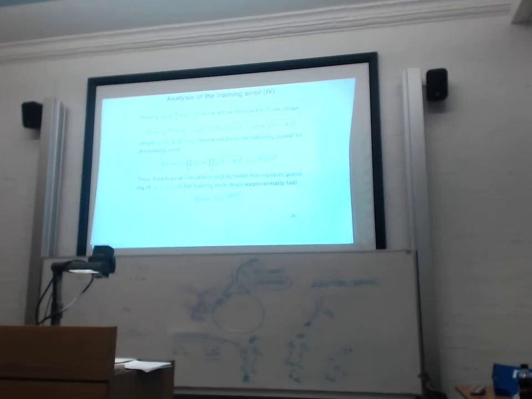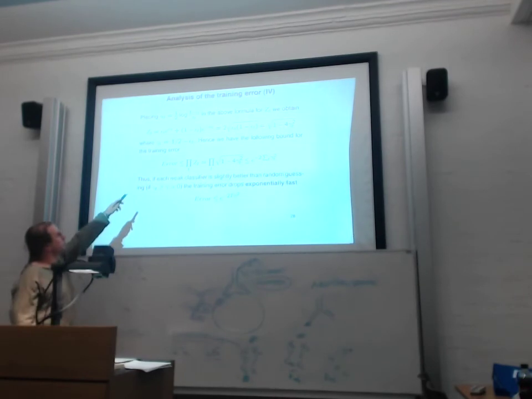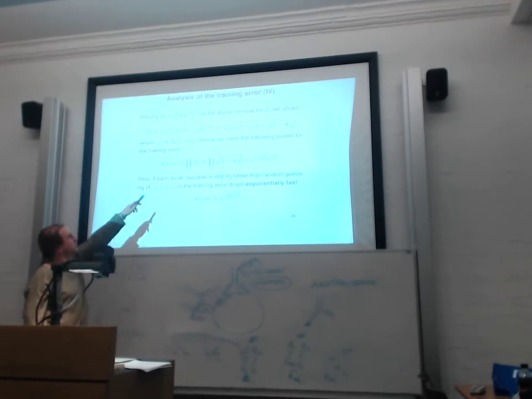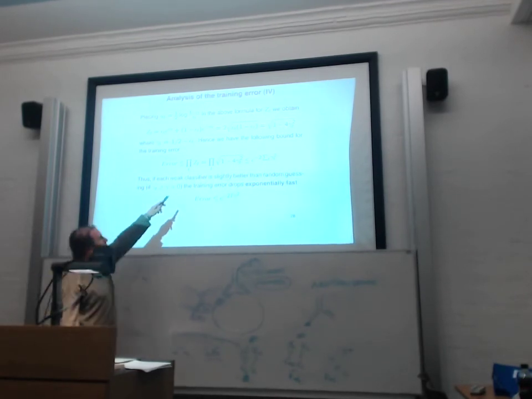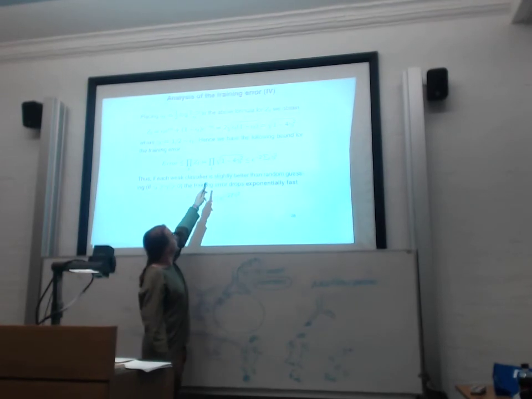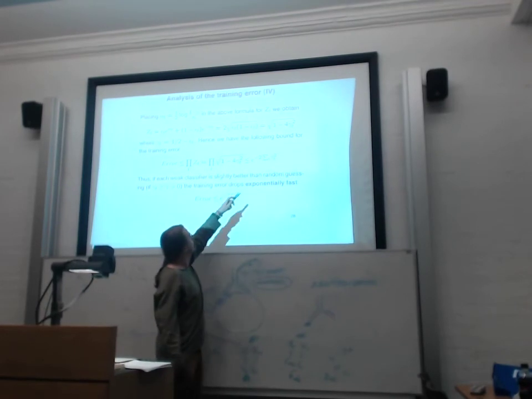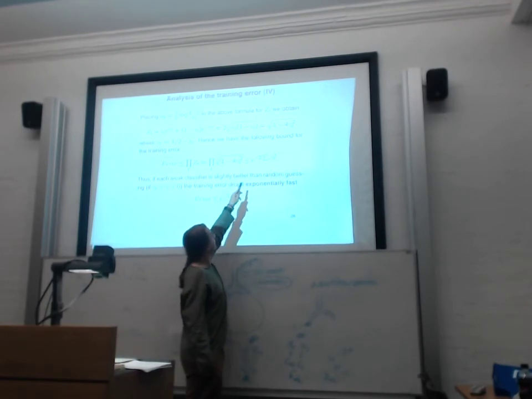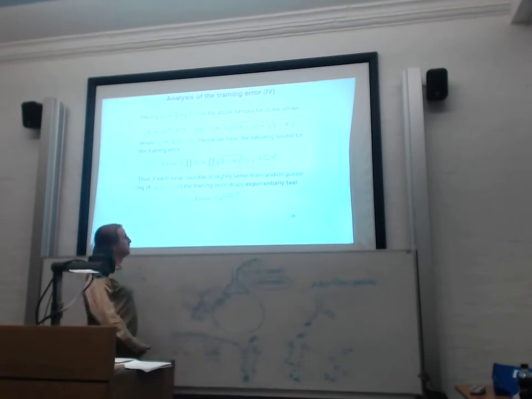Finally, we get to bound the training error. The training error, as we showed before, is upper bounded by the product of the Z_t's. We've shown that the Z_t's are equal to the product of these square roots, which is less than or equal to e to the minus 2 times that sum.